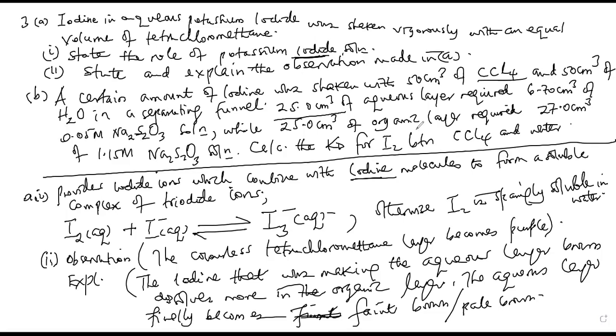After getting moles of iodine, we can get every other thing. So you need to move with these notes. 25 of aqueous layer required 6.7 of 0.05 molar sodium thiosulfate, while 25 of organic layer required 27.0 of 1.15 molar sodium thiosulfate solution. So we need to get those concentrations of iodine in those solvents, and then we calculate the KD. Let's first get the concentration of iodine in the aqueous layer.